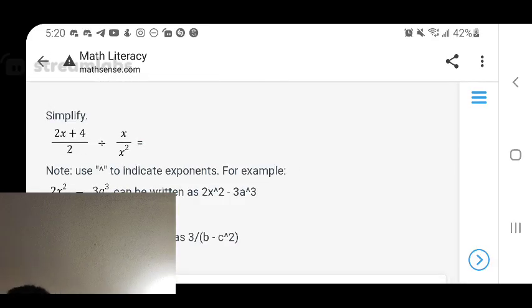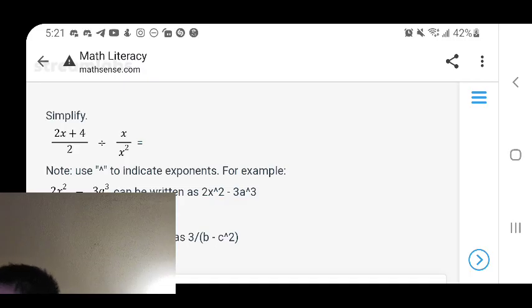What number is this? 48. Alright, do it here. Simplify this. Okay, so 2x plus 4. I mean, I can right off the bat factor out the 2 already.